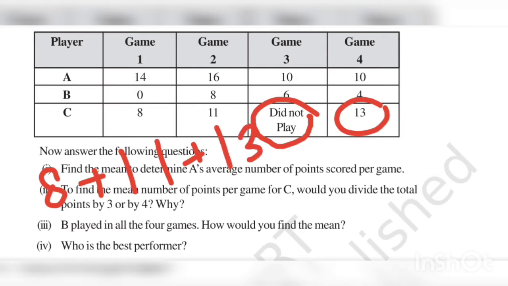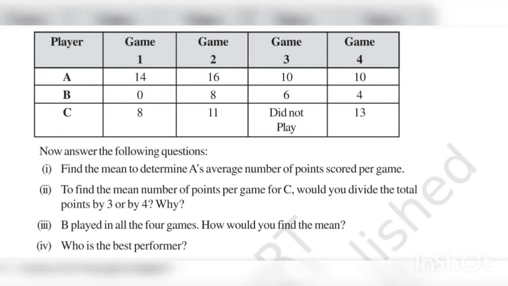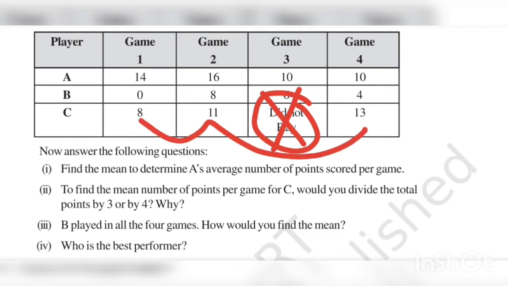So, she has not played one game. So, why should we divide the sum of all the observations by 4? Because we are getting only 3 observations, since she has not played game 3. We are getting 3 observations, so the sum of all the observations must be divided by 3.